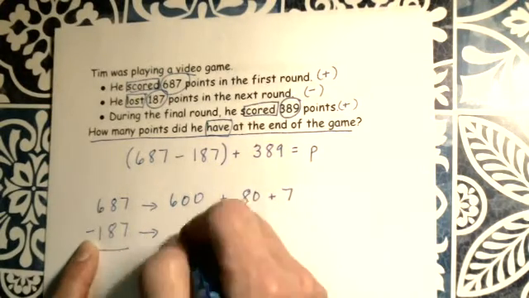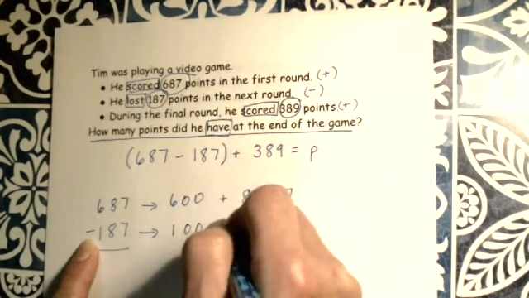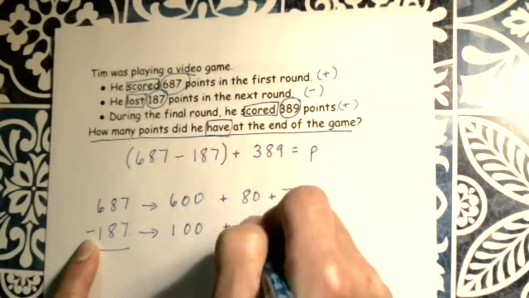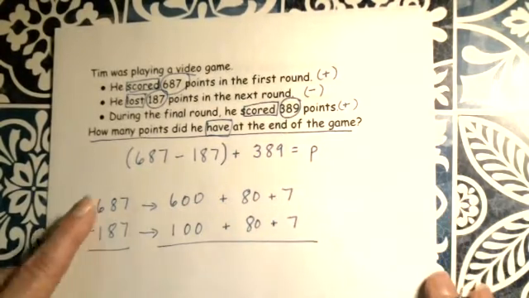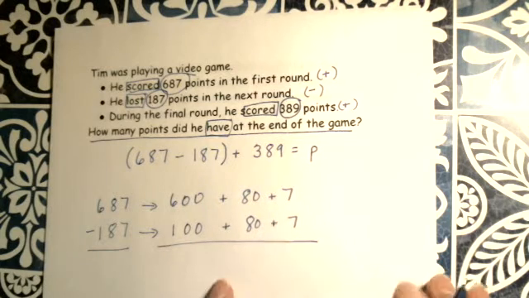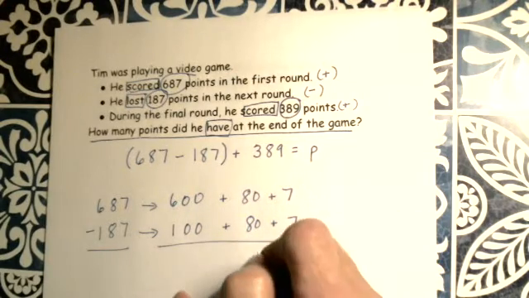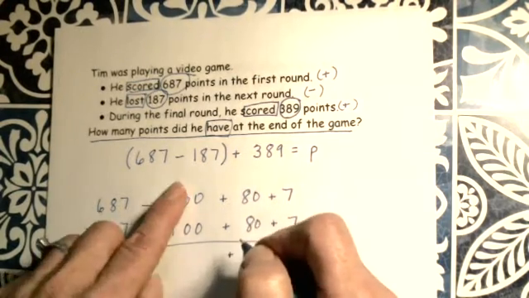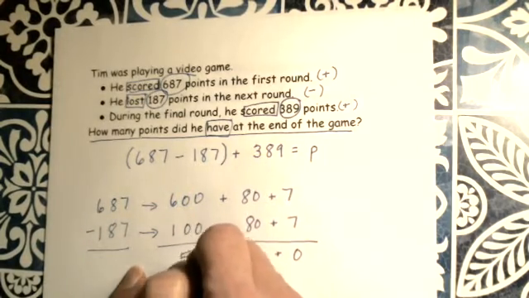For 187, I'm going to make sure I line up these places. So this is the first part I'm doing. So now I say 7 minus 7 is 0. 80 minus 80 is 0. 600 minus 100 is 500.